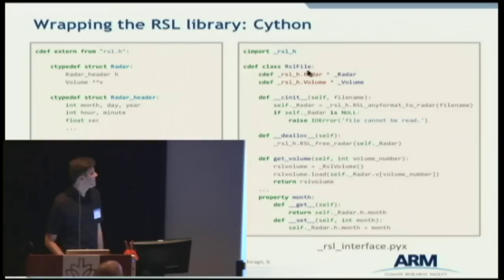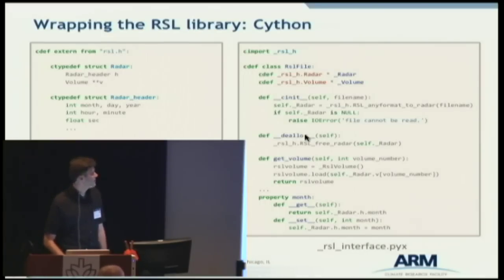In this case, we're going to define a class. This is a cdef class, so this is a little different. The difference here is that we can actually make some C-level attributes. So in this case, we're going to have pointers that can hold a radar. So this is an RSL structure, and a volume, another RSL structure.